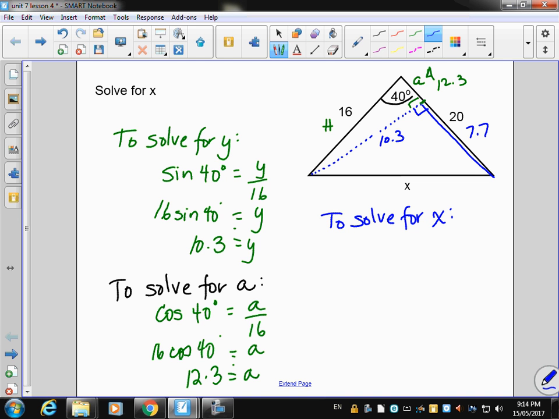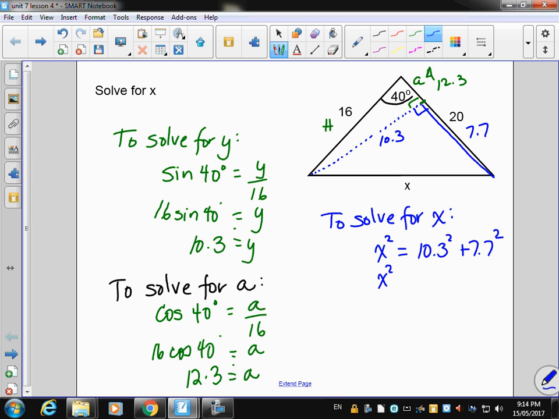So if I have a 10.3 and a 7.7 and I want to look for x, then I can use Pythagorean theorem. In the blue triangle, x is the hypotenuse. So we would set it up, x squared equals the other two sides squared.